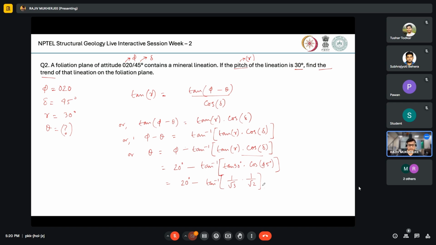So we are getting tan inverse of 0.41, which is around 22.3 degrees.